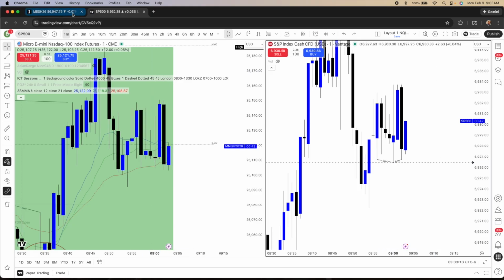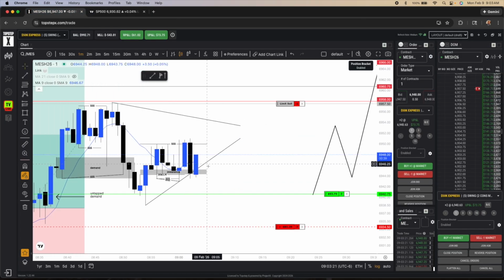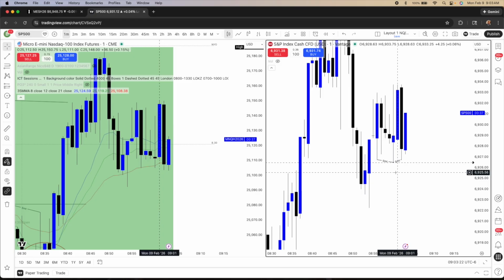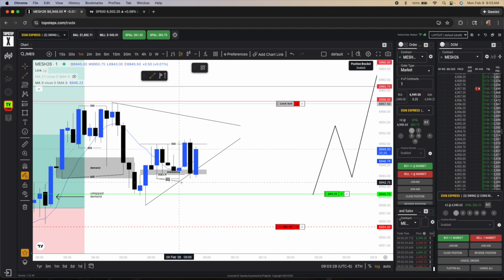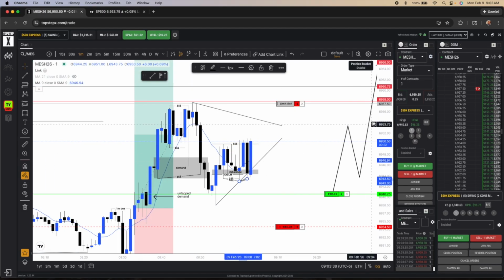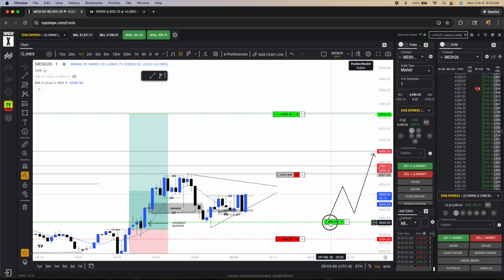I see another SMT that just formed on the 1 minute, 2 SMTs at the lows. So beautiful sign right there, which tells me we were just sweeping to go higher. So now I kind of see what I'm working with.